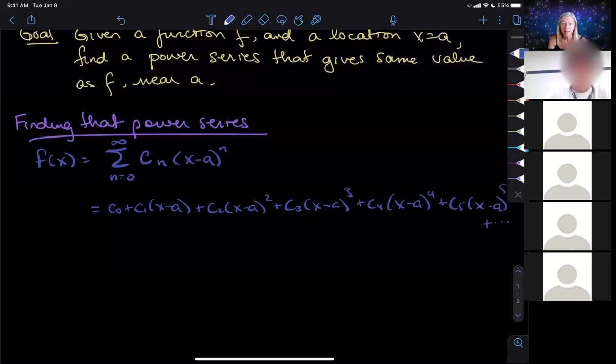We should focus our attention on the coefficients, the constants. So finding the power series means finding these coefficients.